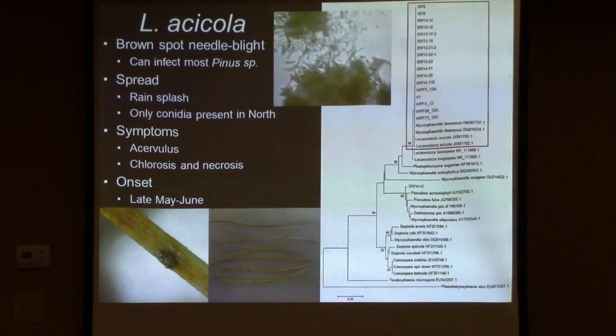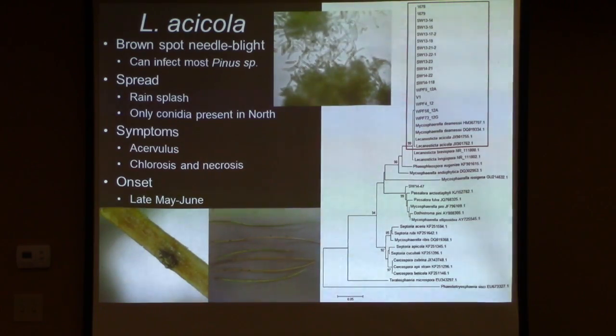Up in the north around here, we are only seeing asexual conidia. I haven't seen any sexual fruiting bodies so far. It is spread by rain splash, and its onset is in late May and June, which is the time that the defoliation is most severe. So this is why we believe this to be the theorized key player.